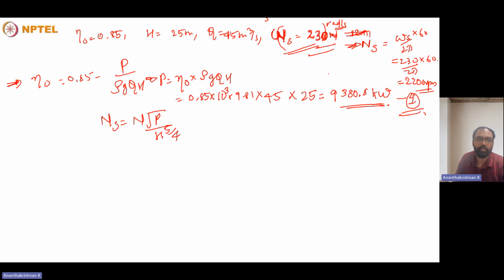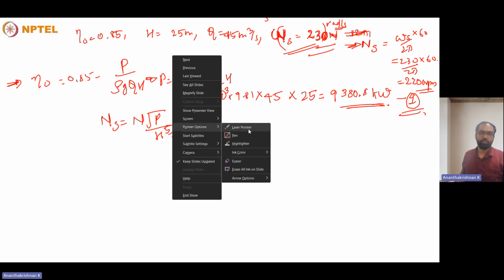Beg your pardon, there was a small correction. In this particular problem, the specific speed is a dimensional quantity. So there was a small correction. I made a mess of it. I'm sorry.